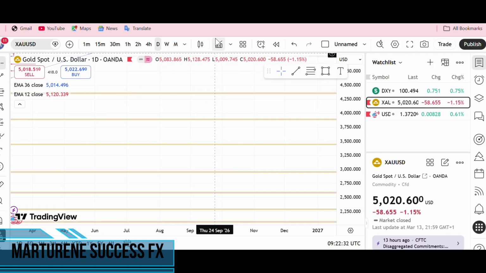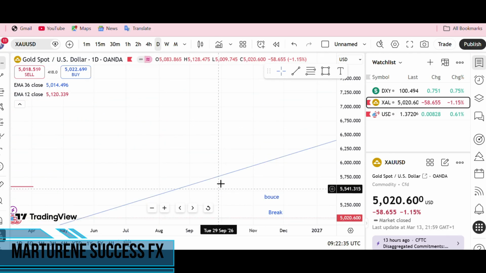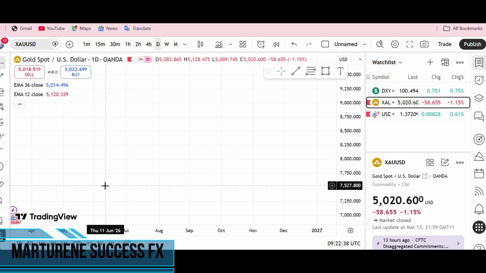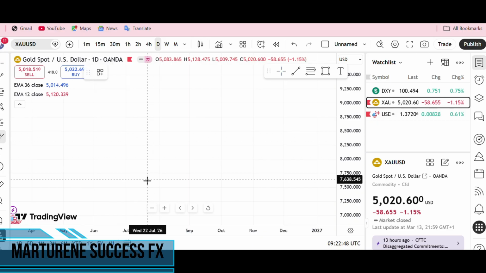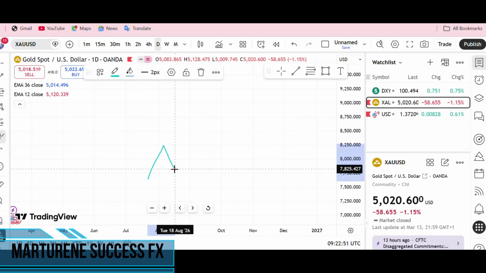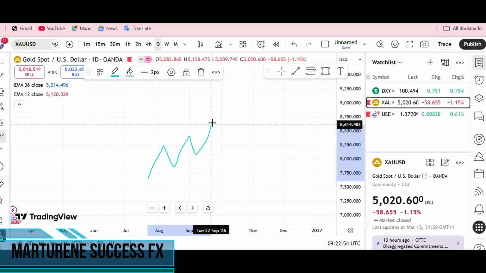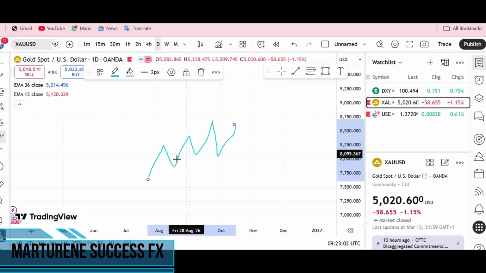When we want to trade the bounce, let me start with the concept of support and resistance. Let's assume the market is going up, down, up, down, up, down. Now we need to draw our support and resistance: support down and resistance up.